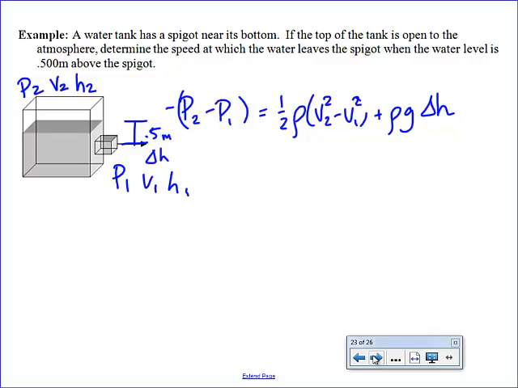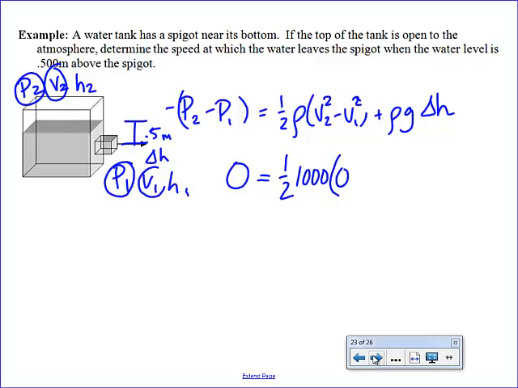So first of all, the change in these atmospheric pressures is 0. There's really no change. The density of water is 1,000. The velocity at the top of the tank, we said we're going to assume is 0. The velocity at the bottom of the tank is what we would like. Again, density is 1,000, g is 9.81, and the change in height is negative 0.5.